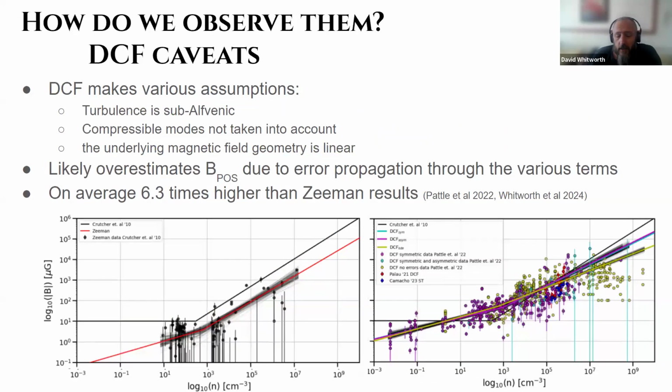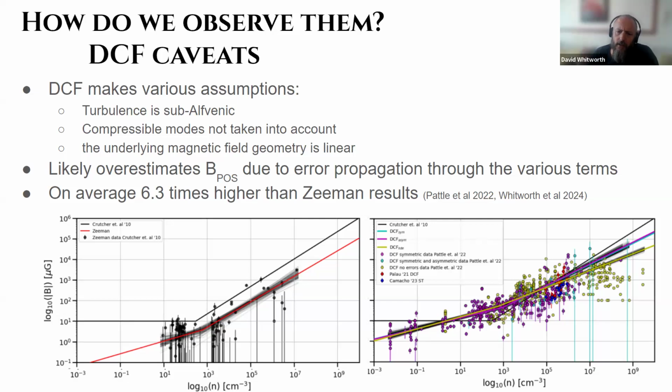As I said, it also makes other assumptions. It assumes that turbulence is sub-Alfvénic. It does not take the compressible mode, as I said. And the underlying magnetic field geometry is linear. So with all these, it very likely overestimates your magnetic field strength due to error in propagation.